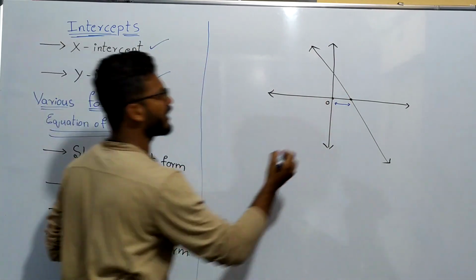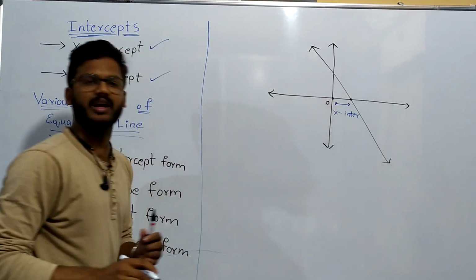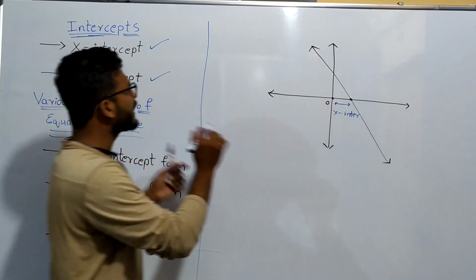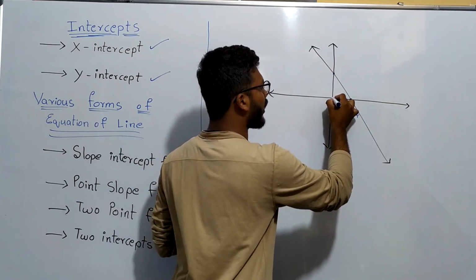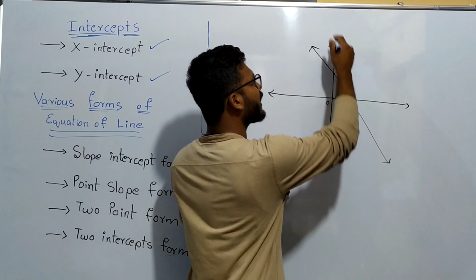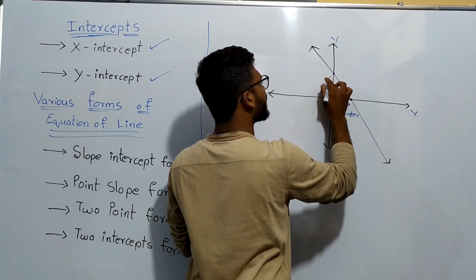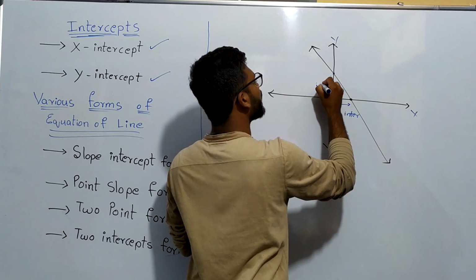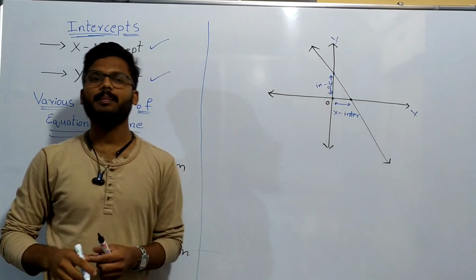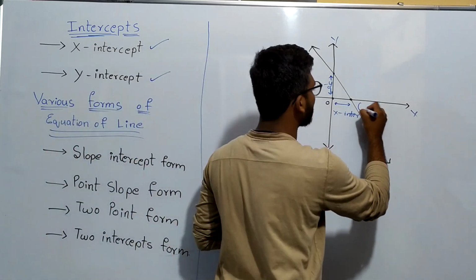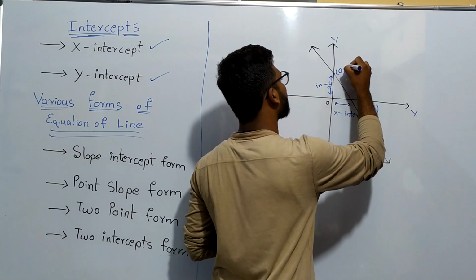And in the same way, where the line meets the y-axis, the distance from the origin to the point where the line meets the y-axis, we call the y-intercept. Suppose it touches the x-axis at (2, 0) and the y-axis at (0, 3).